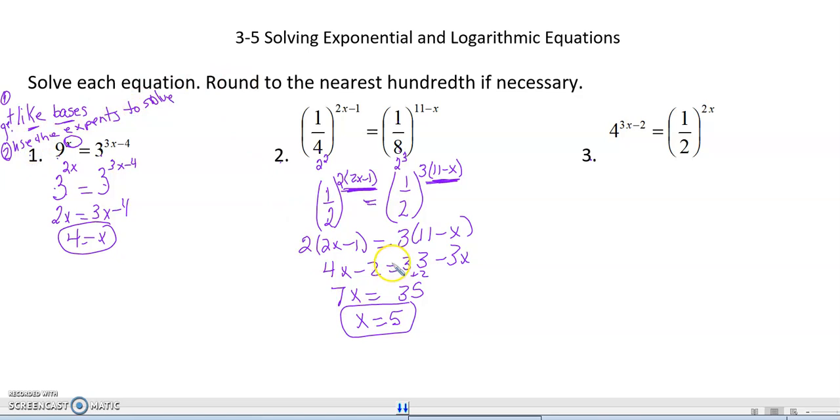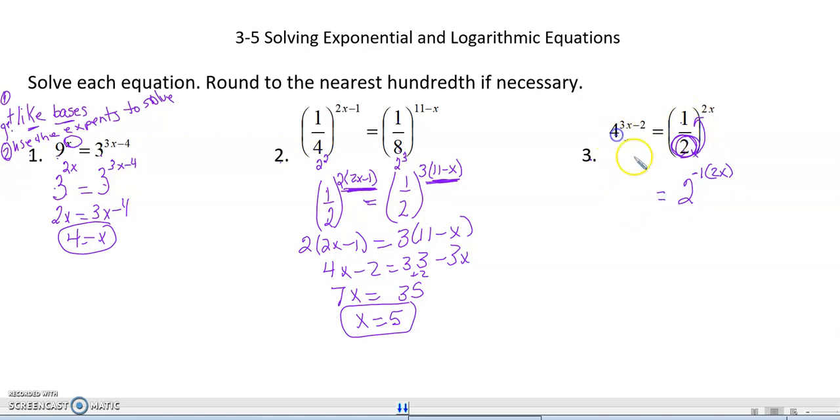Okay? Now, if for some reason you need to bring this bottom number to the top so that you have whole numbers in the base, then you're going to write that 1 over 2 as 2 to the negative 1. Because whenever we bring something from the denominator to the numerator, we're changing the sign of that exponent. Now there is already a 2x out there, so we're going to keep that.